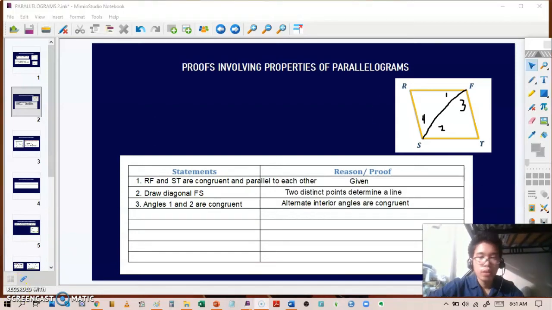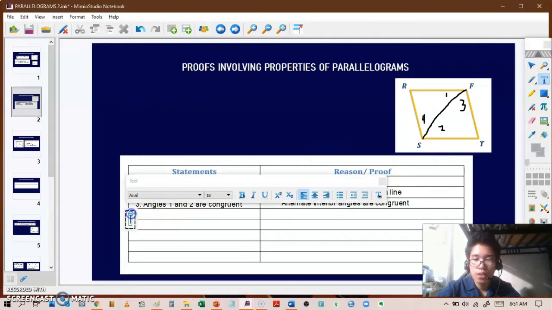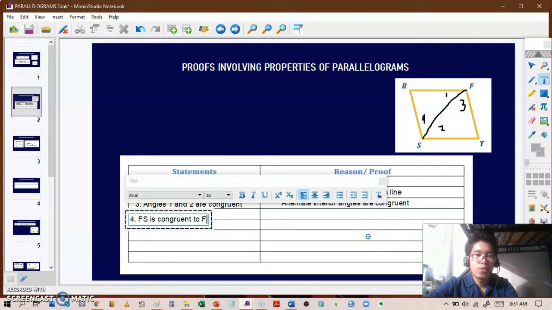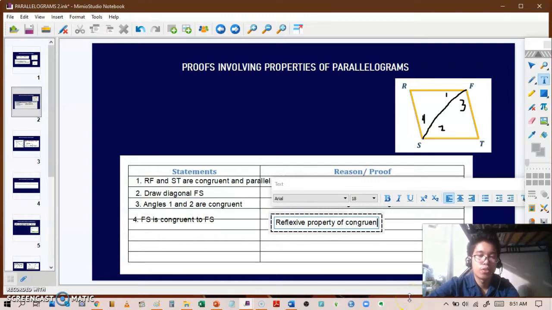After drawing diagonal FS, for our fourth statement, we can say that FS is congruent to FS through the reflexive property of congruence.